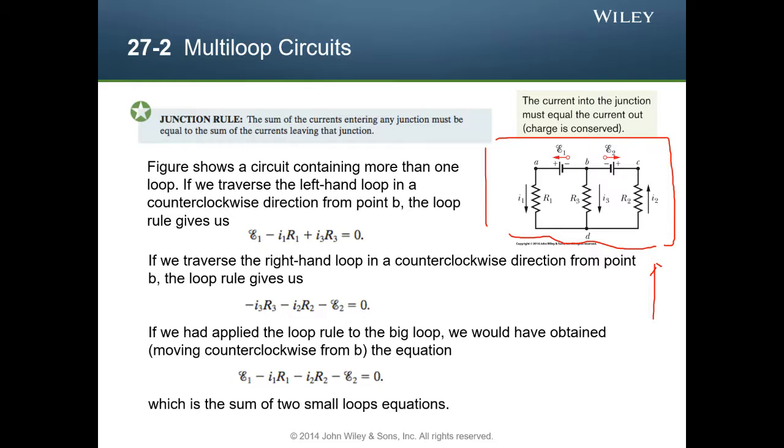I2 is also clockwise. But actually, when you see this loop, R1 is going this way, V1 is going this way. So that is the voltage drop, and for R3, I1 is in this direction, I2 is in that direction.